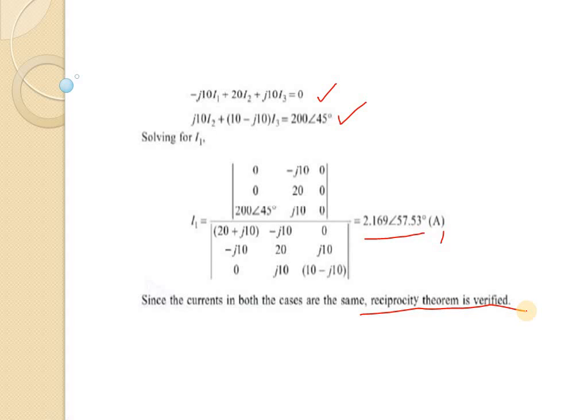So we can say the reciprocity theorem is verified. This is a very interesting topic: you can take one network and replace the source with a particular branch, and then you can calculate the current in the source branch. You will get the same amount of current there. That is basically the reciprocity theorem. I think all of you have understood this.